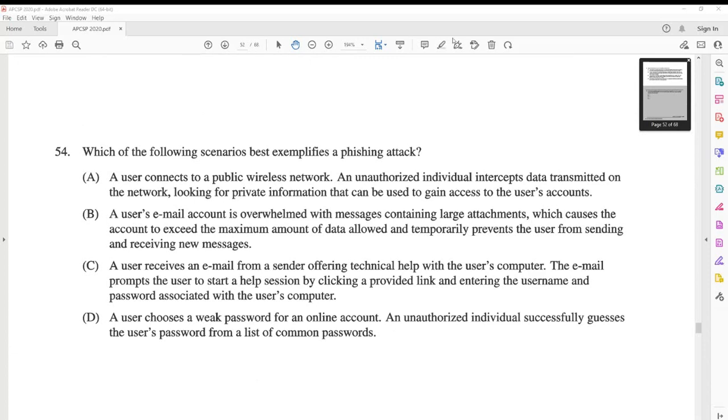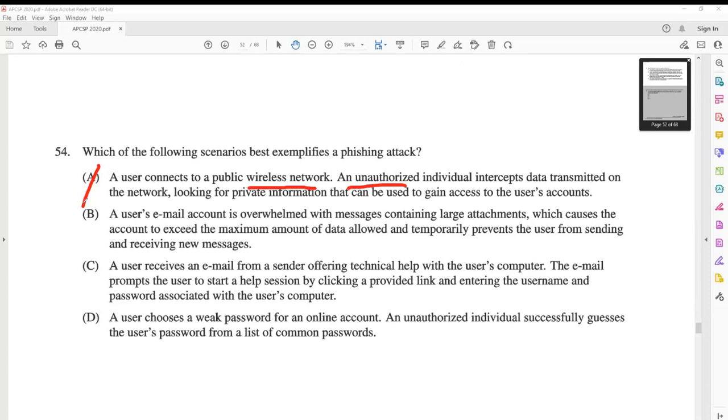Let's look at it. A: a user connected to a public wireless network and an unauthorized individual intercepts the data. No, this one is a rogue access point, or spying software. This one is not related to a phishing attack.